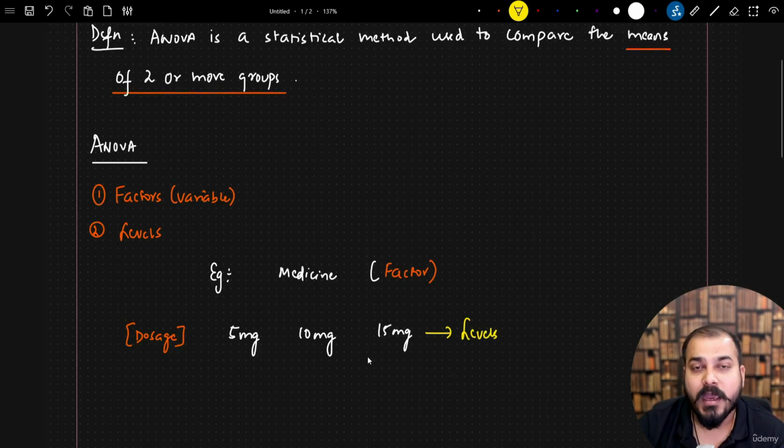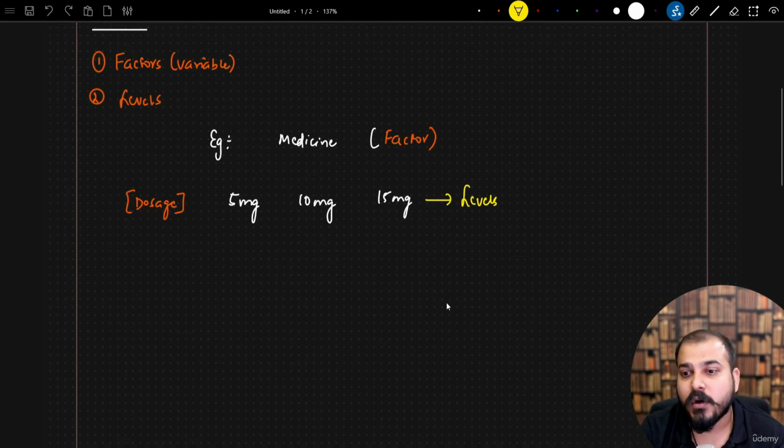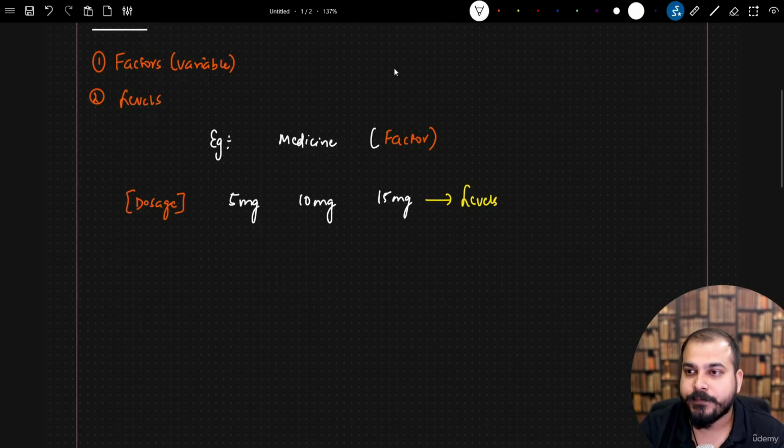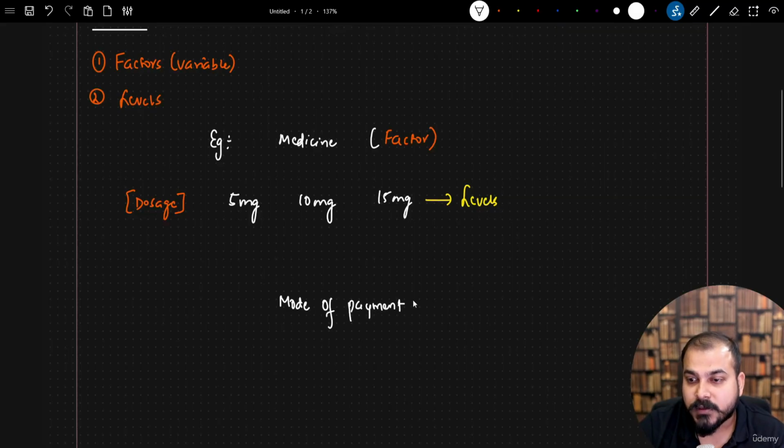I hope you are able to understand what exactly a factor is, and within this factor you may have different levels. One more example, a very good real world scenario: mode of payment. When I talk about mode of payment, this is also a factor. But with respect to mode of payment, you have different options. Some people pay using Google Pay, which is a UPI transaction.